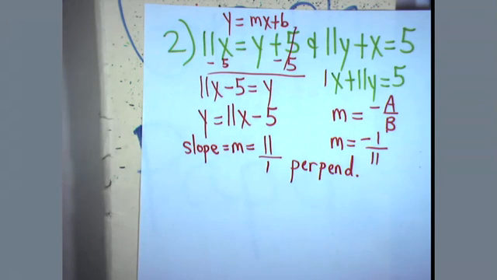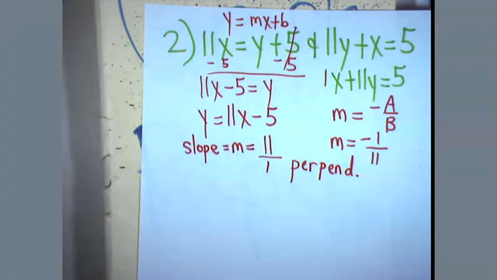Why did you use that formula for the first part instead of the negative A over B? We could have moved the y to the left side also and put it in standard form. There were different ways to get that slope.